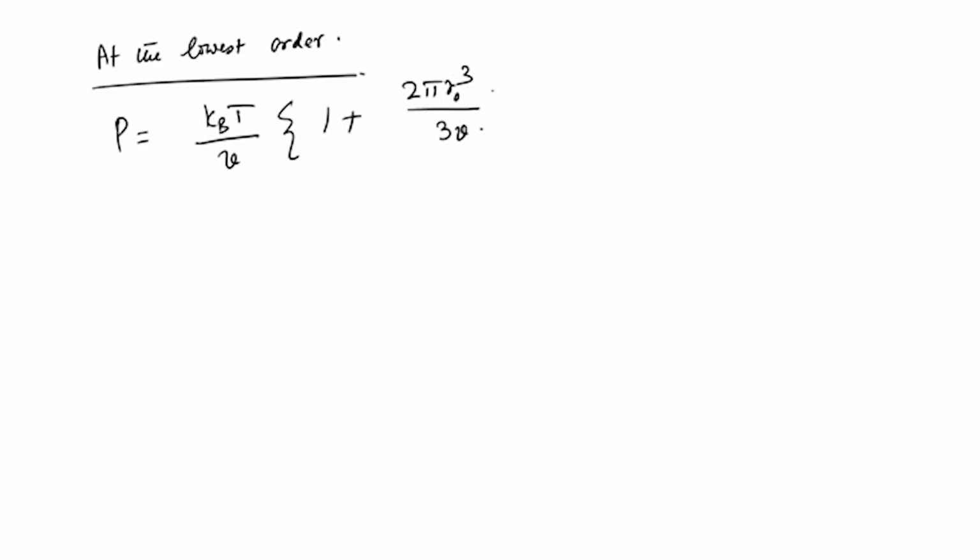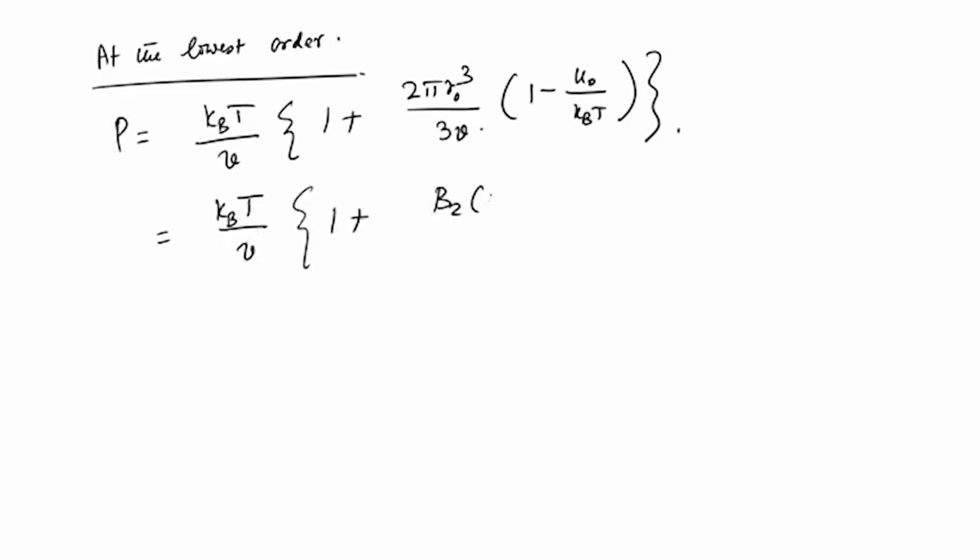So, putting it into the equation of state, we get 1 minus u0 over kT, and this is the expression for pressure, and this can be written as kT divided by V, and we have 1 plus B2(T)/V, and this B2(T) is given by A2 lambda cubed, which is equal to 2 pi r0 cubed by 3.